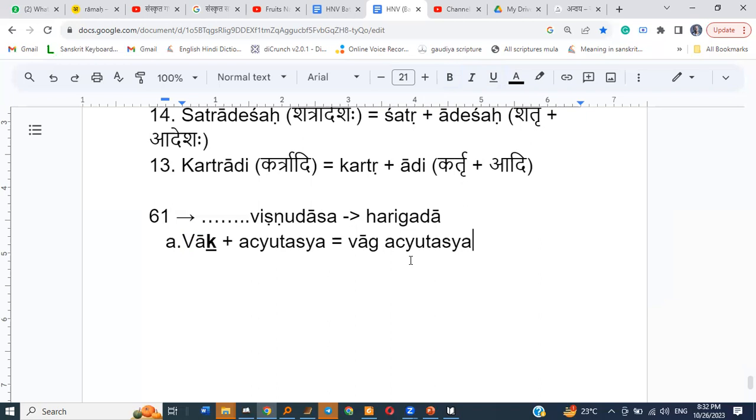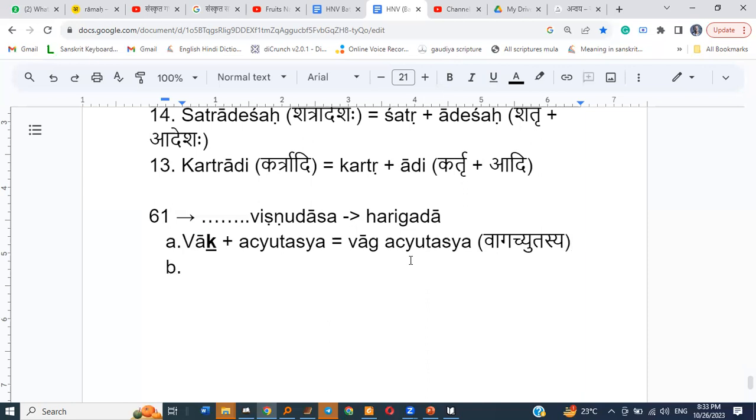There is nothing to do here. In Devanagari, if a consonant and a vowel are there, they will be combinedly written like this. Vag Achyutasya.